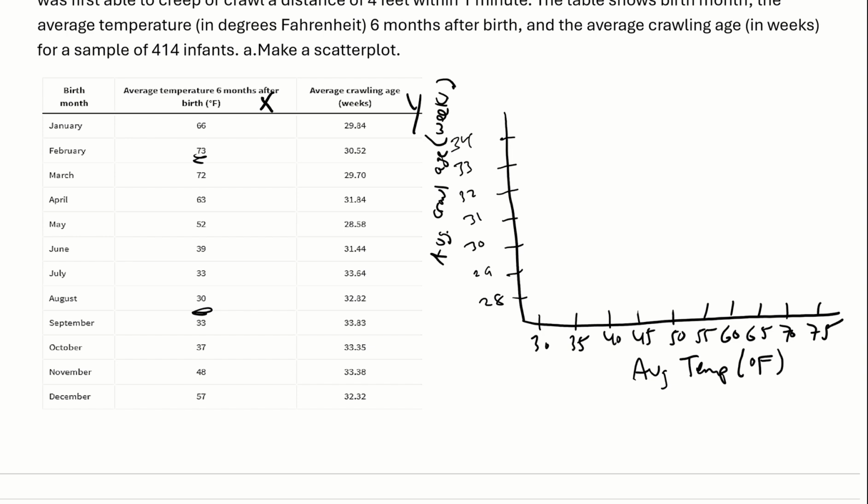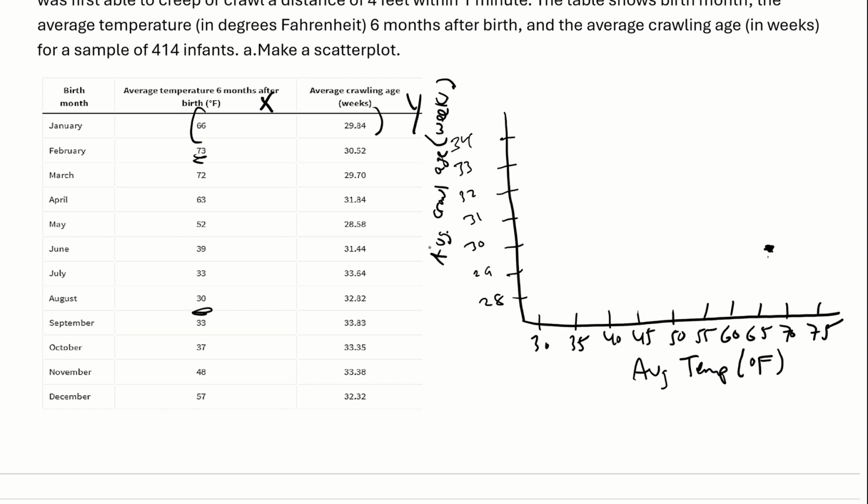Okay, and then we're gonna just graph it. So these are like coordinates, 66, 29.84. So the average temperature is 66 degrees, and then the average crawling age is almost 30. Okay, and we keep doing that. The next one's 73 degrees Fahrenheit, and then about 30.5.